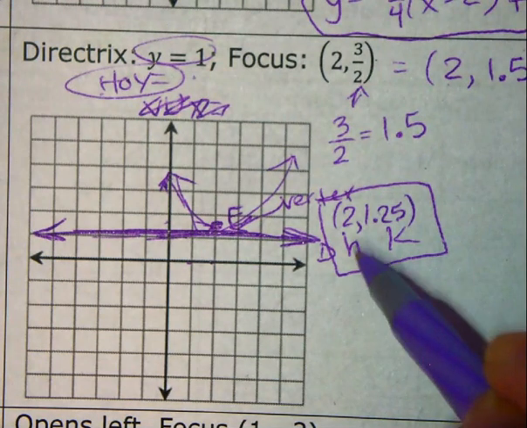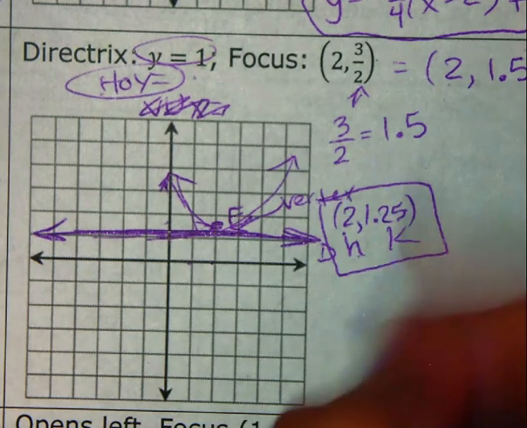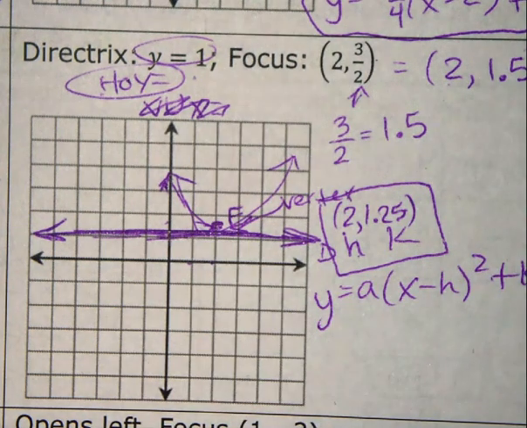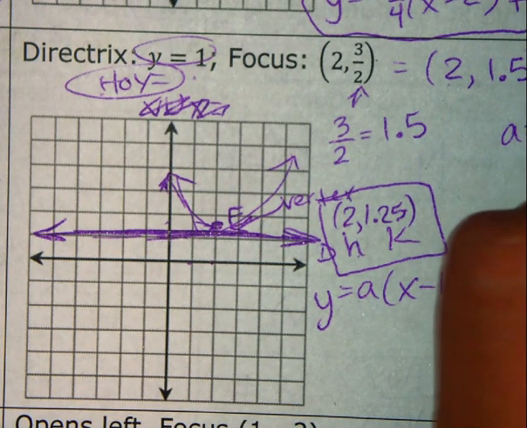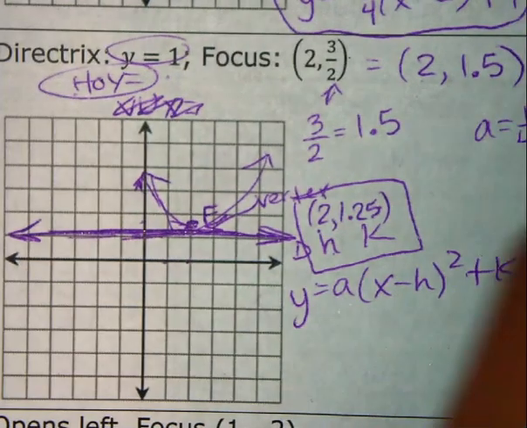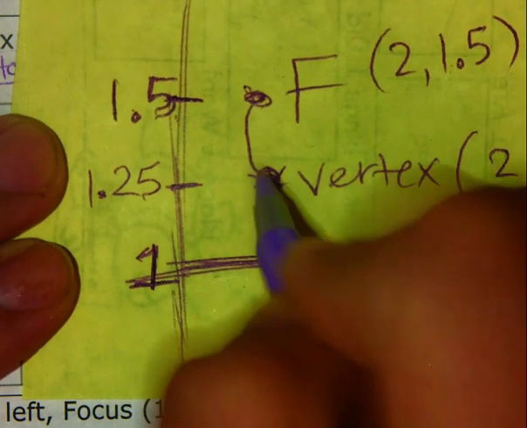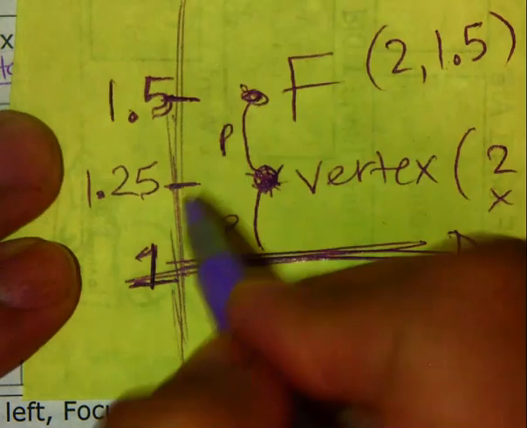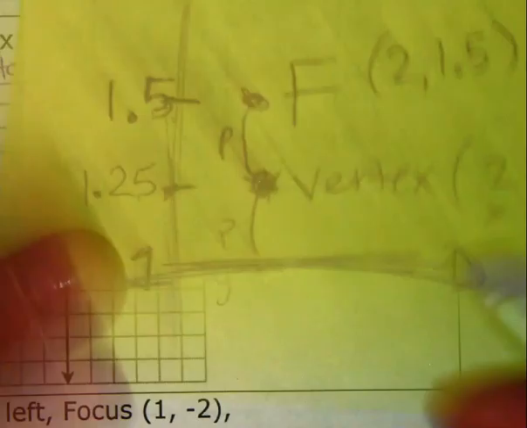So using this h value and this k value, we're now going to use our formula. Opening up, so y equals a(x minus h) squared plus k. Our a value is calculated with 1 over 4p. P value is calculated as the distance in between the vertex and the focus, and the vertex and the directrix. So definitely from the vertex to the focus, that's only 0.25 in value.